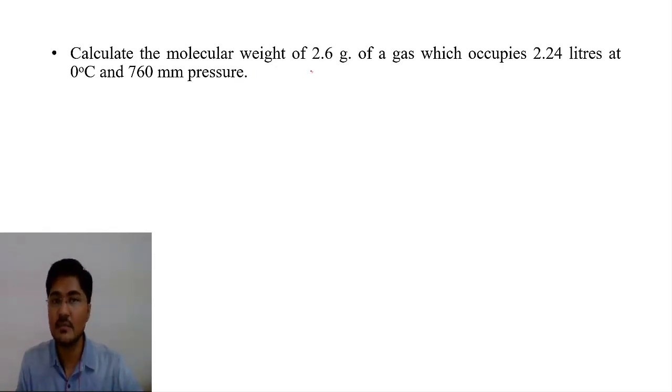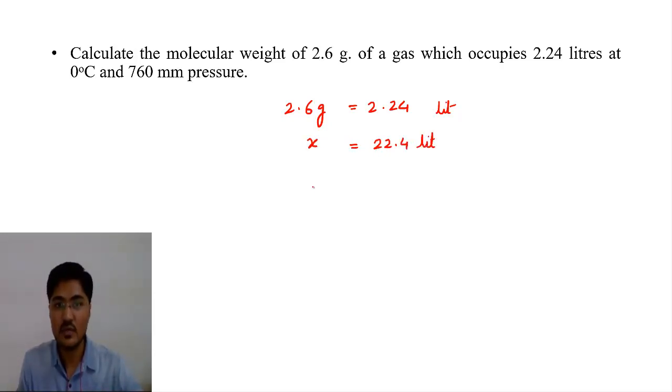Calculate the molecular weight of 2.6 grams of a gas which occupies 2.24 liters at 0 degrees Celsius and 760 mm Hg. Now 0 degrees Celsius and 760 mm is by default s.t.p. So you have been given that 2.6 grams of some molecule occupies 2.24 liters, and we know that gram molecular weight will occupy 22.4 liters.